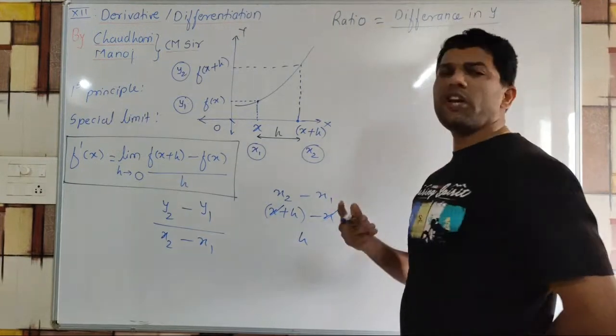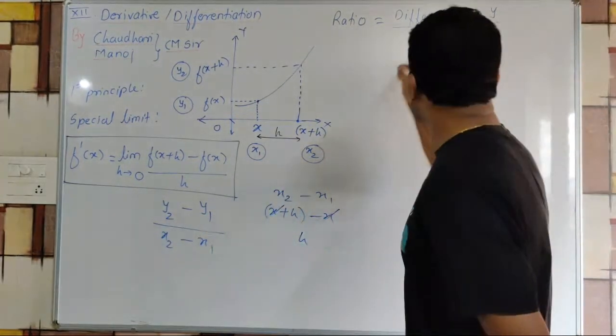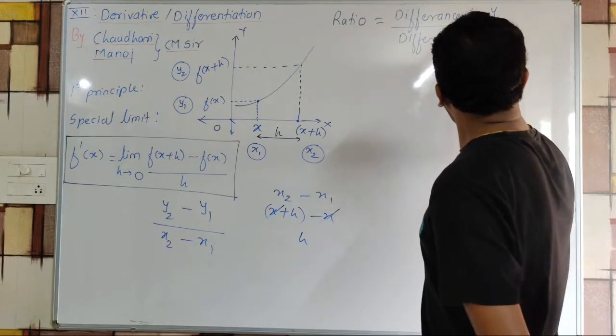So what is the derivative? Derivative is actually a ratio of difference in y divided by difference in x.